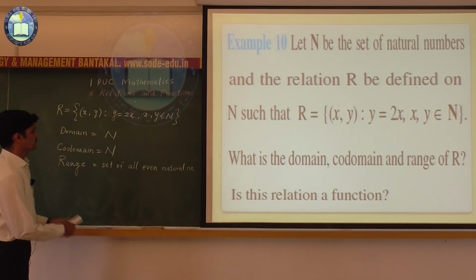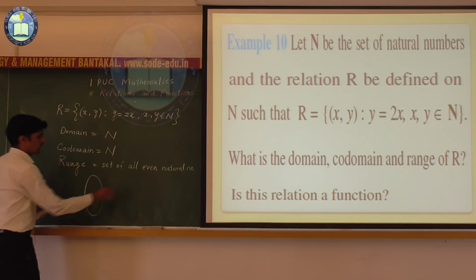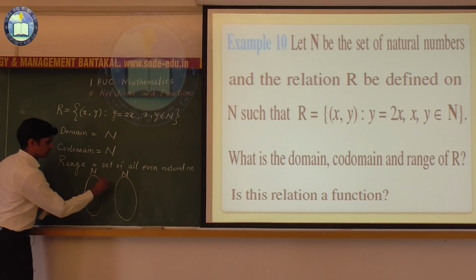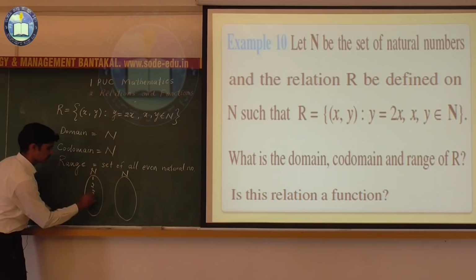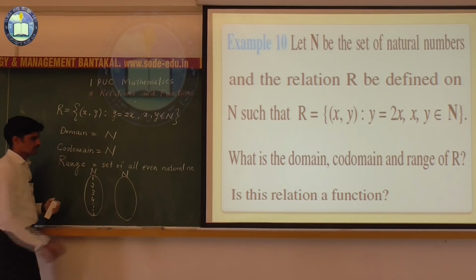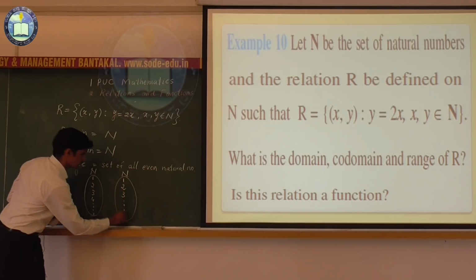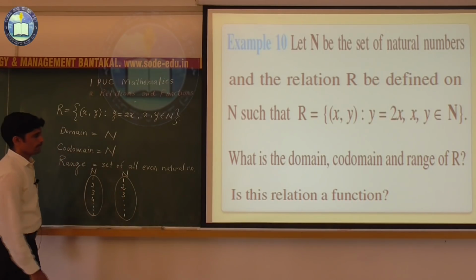Is this a function? If you observe the arrow diagram, the relation is from N to N. In N we have 1, 2, 3, 4 and so on. It is an infinite set. In the codomain also we have infinitely many elements; it is also the set of natural numbers.